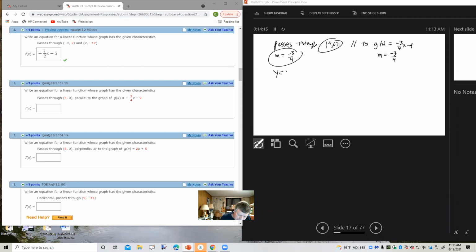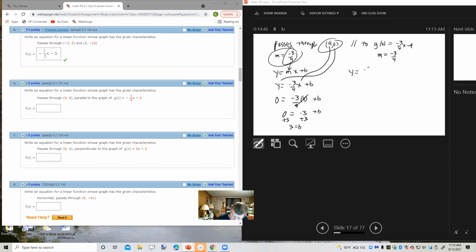So y equals mx plus b, the slope, y equals -3/4 x plus b. Okay, I'm going to use this ordered pair. 4 goes in for x, 0 goes in for y. We get that. The 4 is reduced down. We add 3 to both sides, and we get b equals 3.